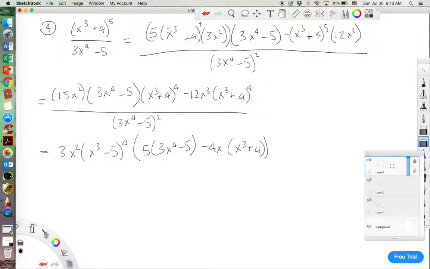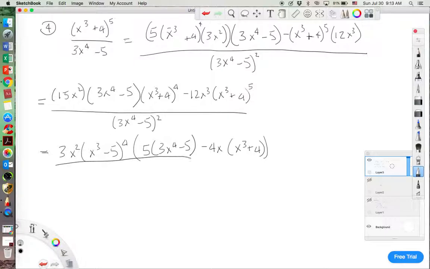Sorry about that. Should be a 5. Okay, and that again is all over the bottom part squared, which is 3x to the 4th minus 5 squared.